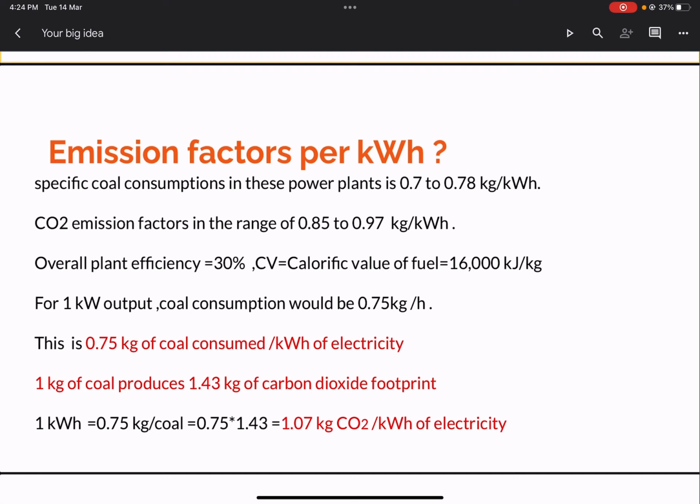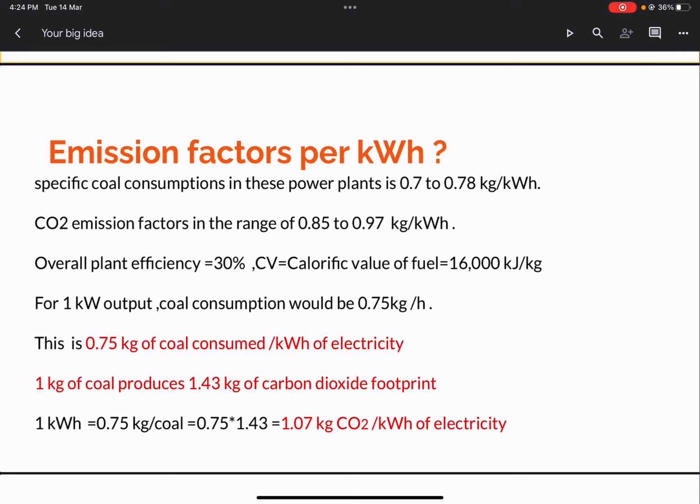Okay, so by knowing the plant efficiency as 30%, by knowing the CV as 16,000 kilojoules per kg, and for every kilowatt output, by knowing the efficiency, I can calculate the consumption to be 0.75 kgs per hour. Okay, so in the Indian case, on the average basis, you can say that every hour the coal consumption would be 0.75 kgs for every 1 kilowatt output.